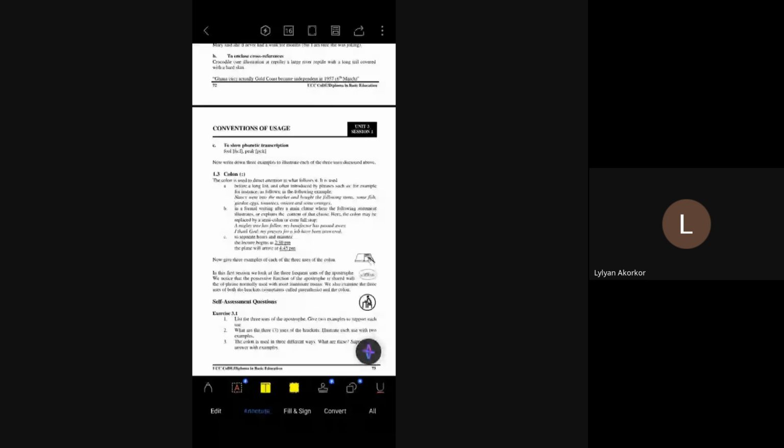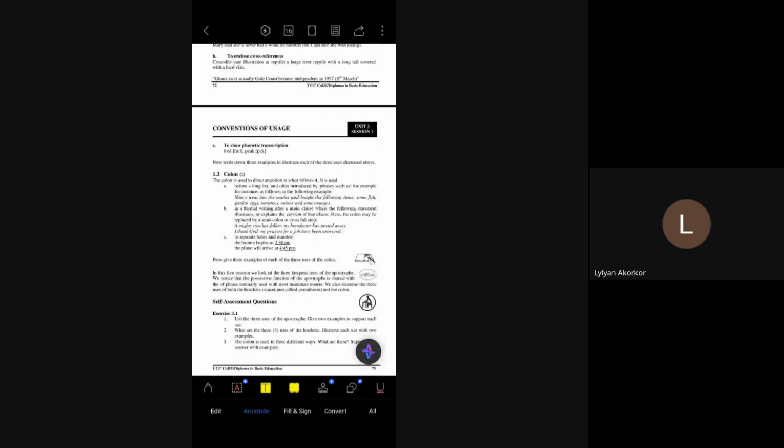Again, brackets are used to show abbreviation after full names. So when an abbreviation like World Health Organization, that is the full name, you open brackets and you write WHO there. Ghana National Association of Teachers, that is the full name, you open brackets and you write GNAT there.